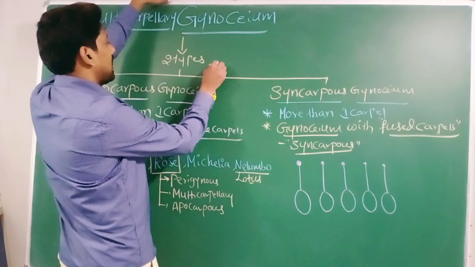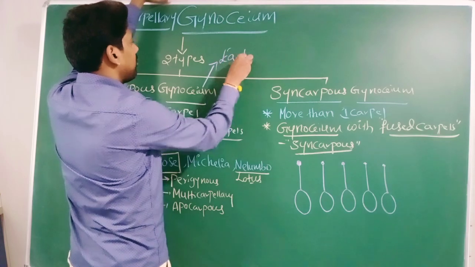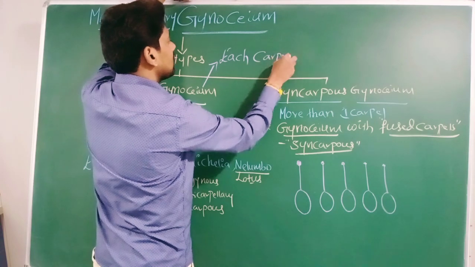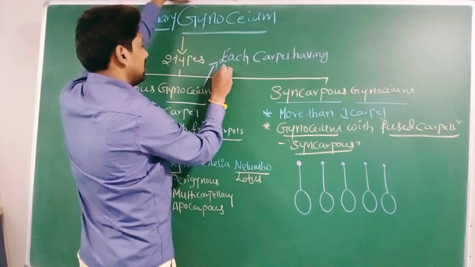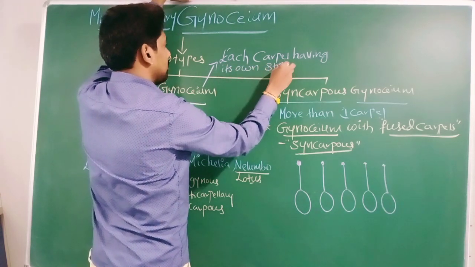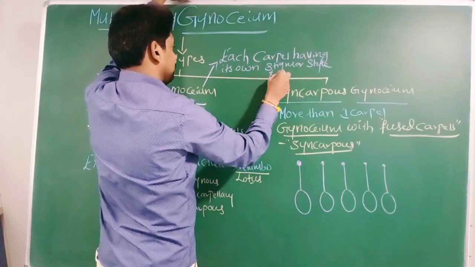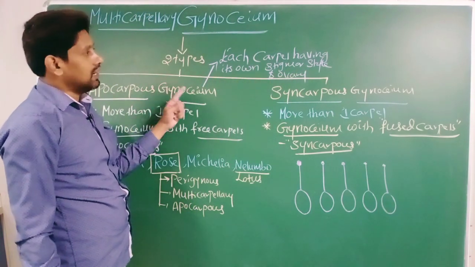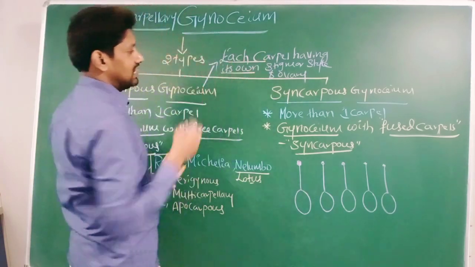Apocarpous gynecium. In apocarpous gynecium, each carpel is having its own stigma, style and ovary.